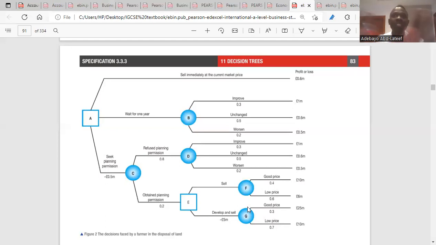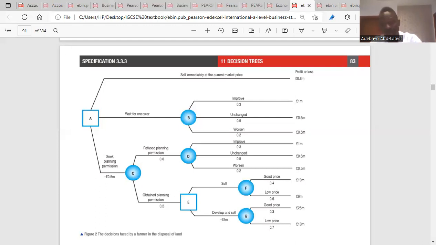So if he wants to sell without developing it, he's going to sell for 10 million at a good price. At a lower price, he's going to sell for 6 million. That's the same land, right? The same land, yes. But if he wants to develop and sell, that will cost him 5 million pounds. That is the cost of that decision in E. Do you get it there?